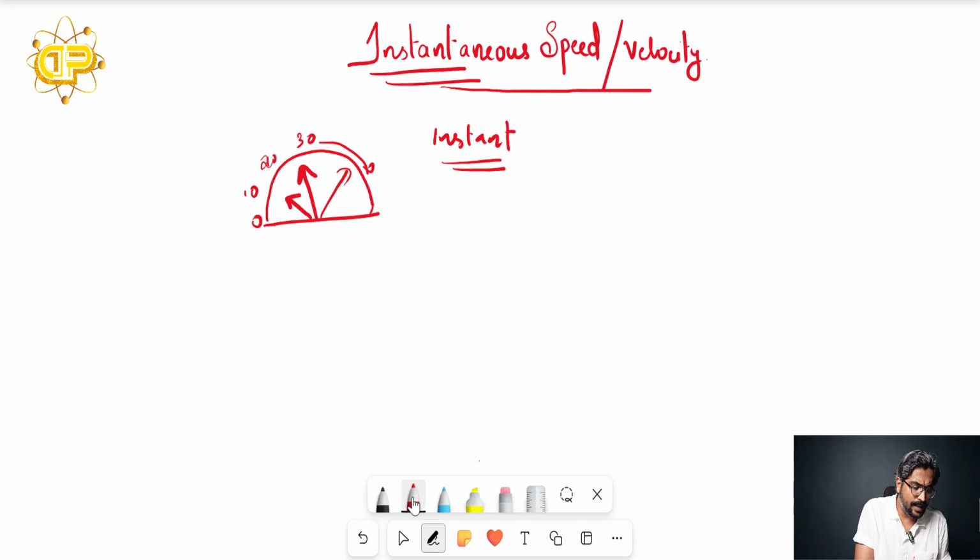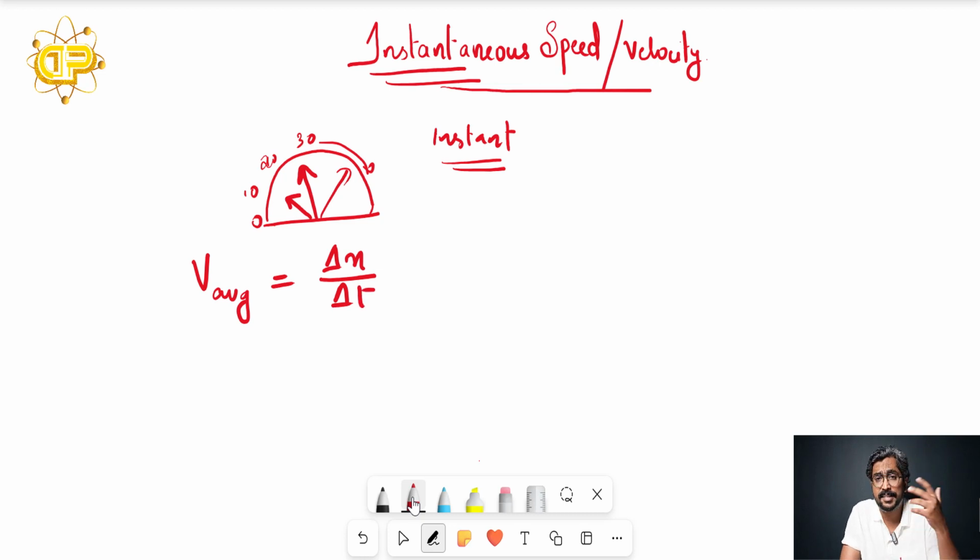We have seen that the average velocity or average speed is given by delta x by delta t. Here the time interval is a bit larger.